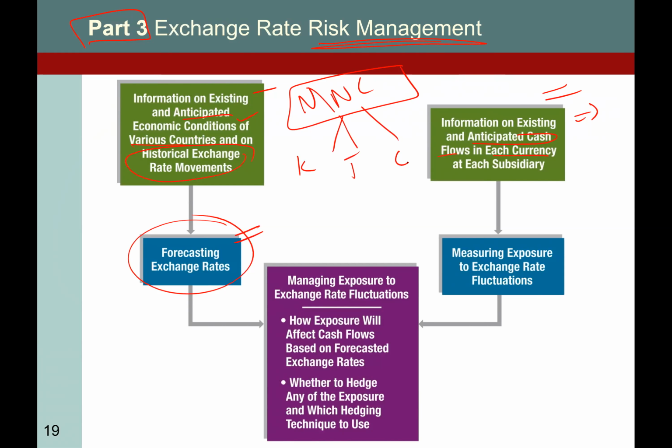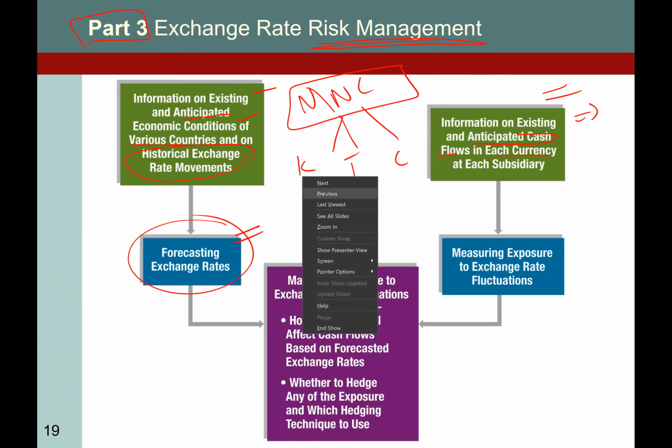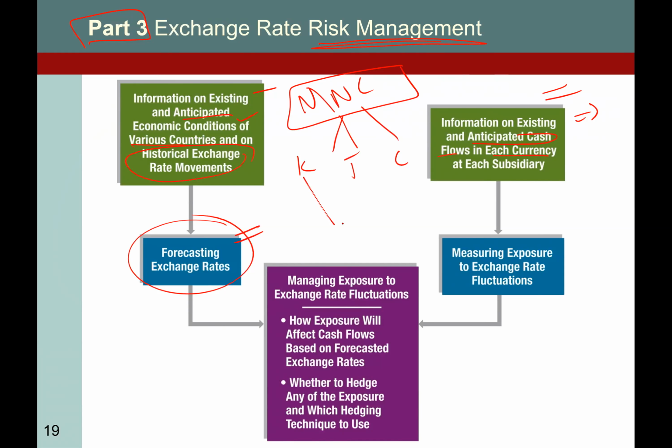So how much is the Korean subsidiary going to remit you as profit? How much is the Japanese subsidiary going to send back as profit, and how much is the Chinese subsidiary going to send you as profit?